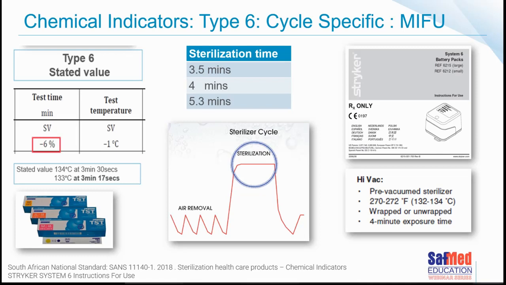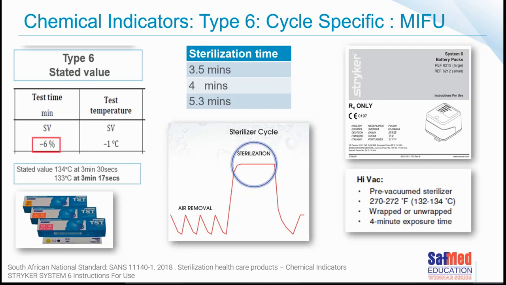The process is repeated during these pulses until we get to 134 degrees C. When we get to 134 degrees C, known as our sterilization plateau, the steam sterilizer will then sterilize for the amount of time that we have set it for. That could be 3 minutes, 3.5 minutes, 4 minutes, 5.3 minutes, or in the event of a prion cycle, I think it's 17 minutes, if I remember correctly.